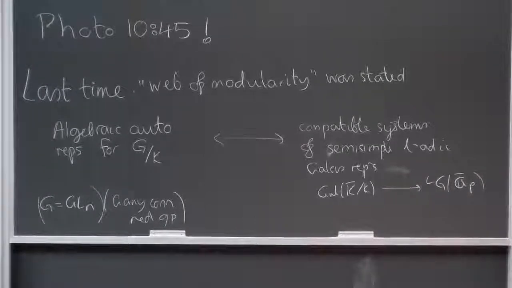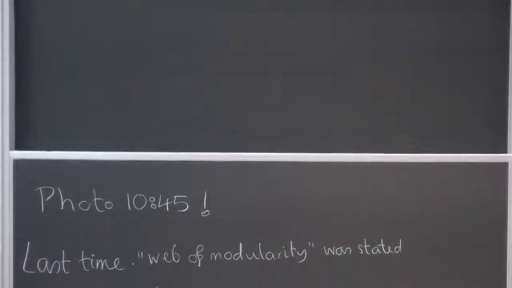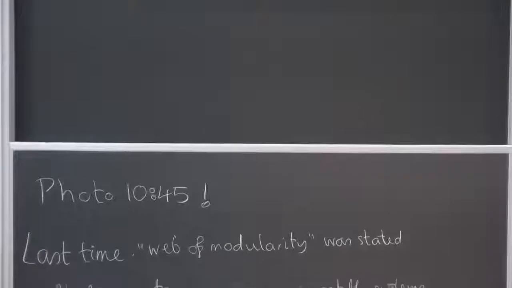I don't want to get bogged down in the details for general groups because I'm trying to make this as comprehensible as possible. But what I'm saying is there's a general machinery that you can feed any of a large class of algebraic groups into and get some kind of crazy conjecture.